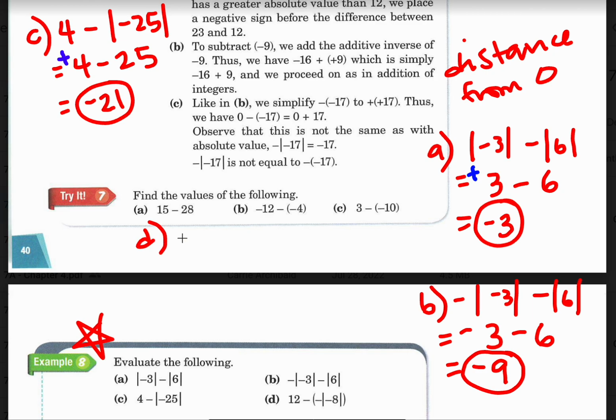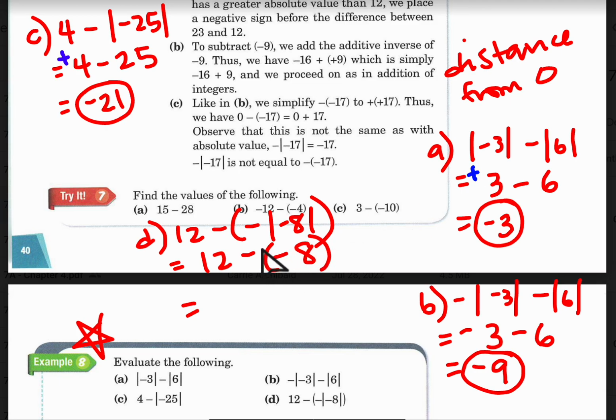For D, we have 12 minus, in parentheses, negative absolute value of negative 8. All right, so we keep the 12 minus the same. Then let's keep that negative inside the parentheses the same. What's the absolute value of negative 8? Well, it's positive 8, but we do have a minus here. And now look at that. We have two negatives together.